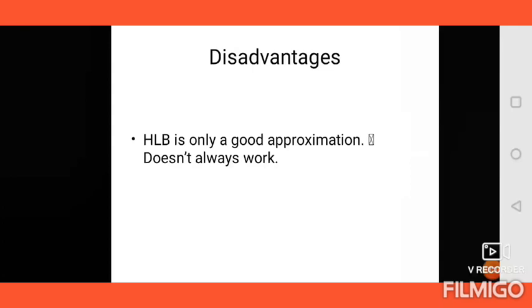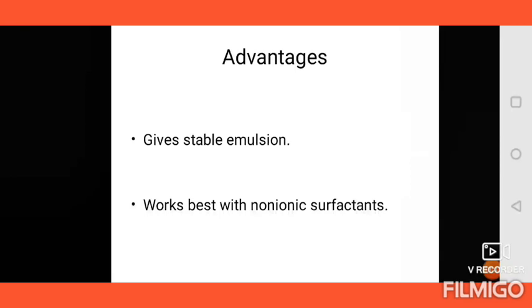So this is the disadvantage of the HLB scale. The advantage is that it gives a stable emulsion and works best with non-ionic surfactants. So this completes our discussion of the HLB scale.